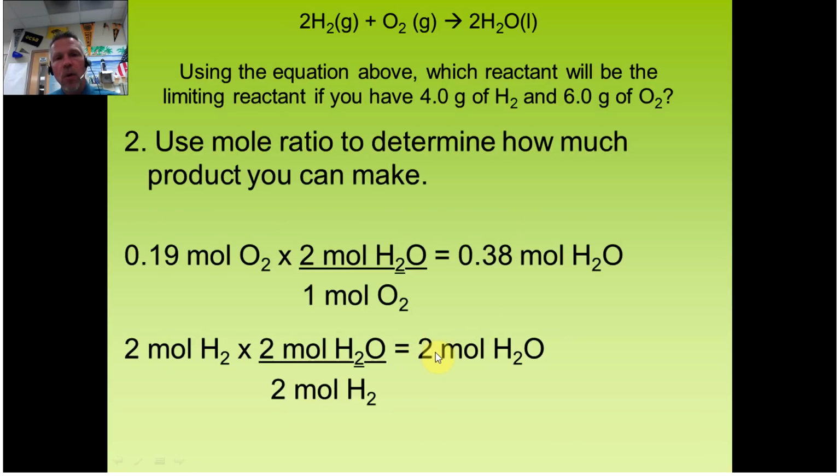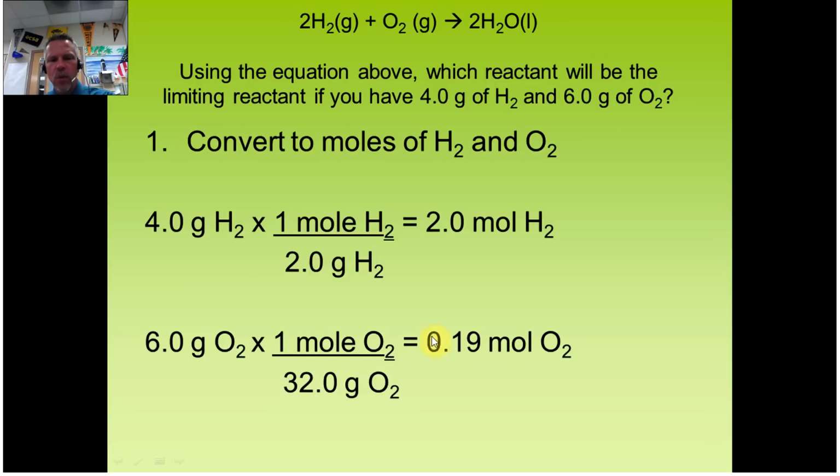And now we're going to use mole ratios to determine how much of the product we can make. All right. Unfortunately, I flipped these over, so oxygen is now on top and hydrogen is now down here. I hope that doesn't confuse you. You remember from the previous slide, we had 0.19 moles of oxygen out of our 6 grams.